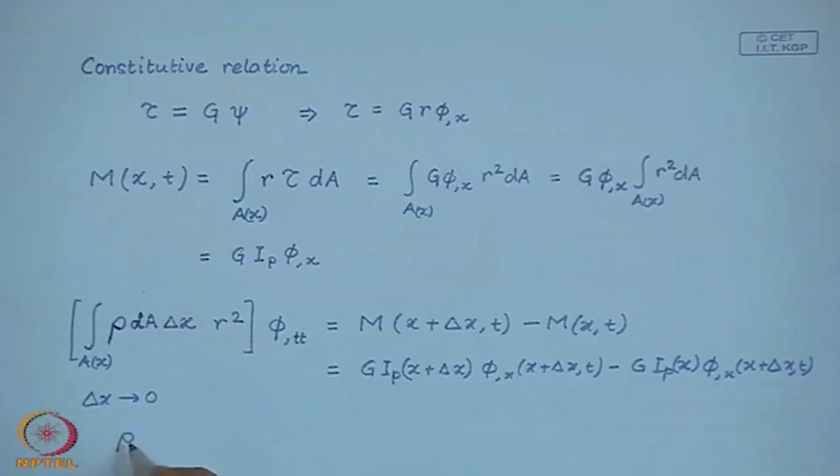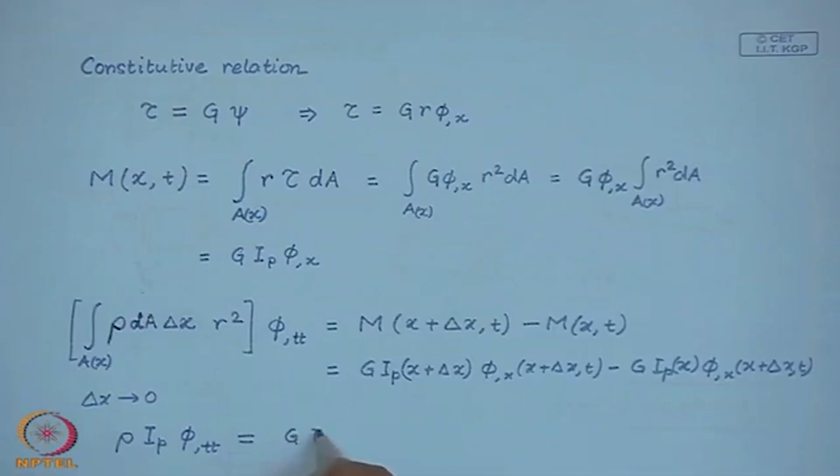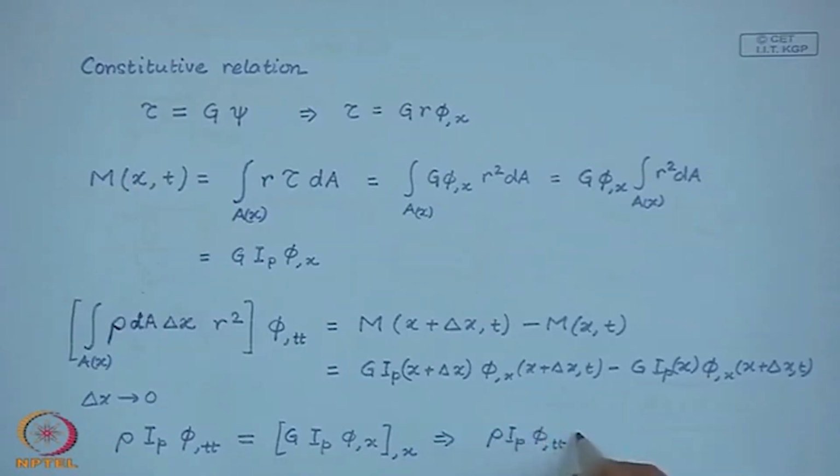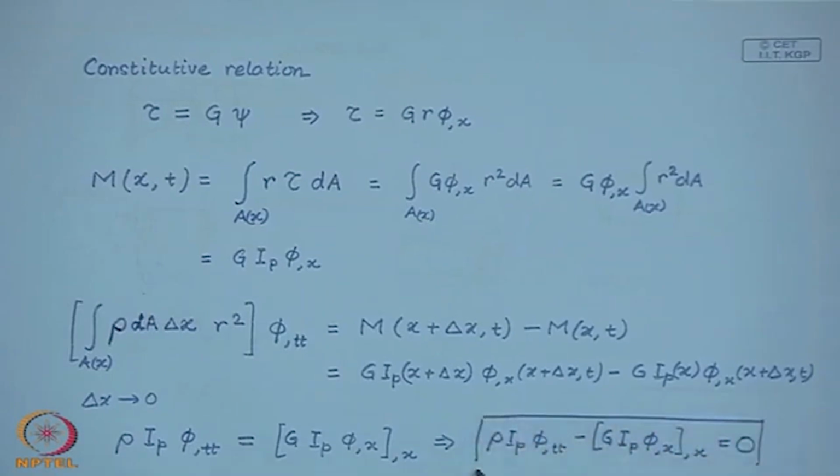So, I can write rho I_p, the angular acceleration, must be equal to, and that gives us upon rearrangement the equation of motion of torsional dynamics of a circular bar.